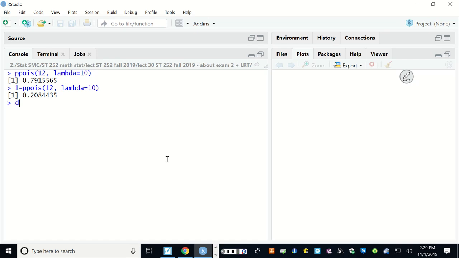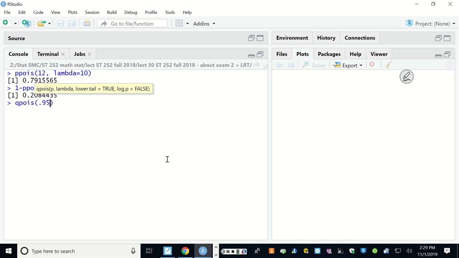So we can look at the density for a Poisson. There's quantiles for a Poisson, just like there's quantiles for a normal or a T. So we want a point that has only 5% above. If we go past that, it's less than 5%.